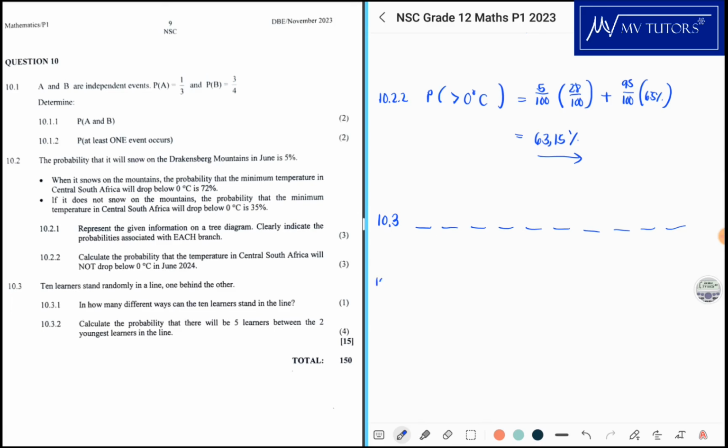That's simply 10 factorial, right? Because the first position we have 10. Once one is sitting down, we have 9, 8, 7, it goes all the way down. And then the last seat, there's only one person. Hence, we have 10 factorial.